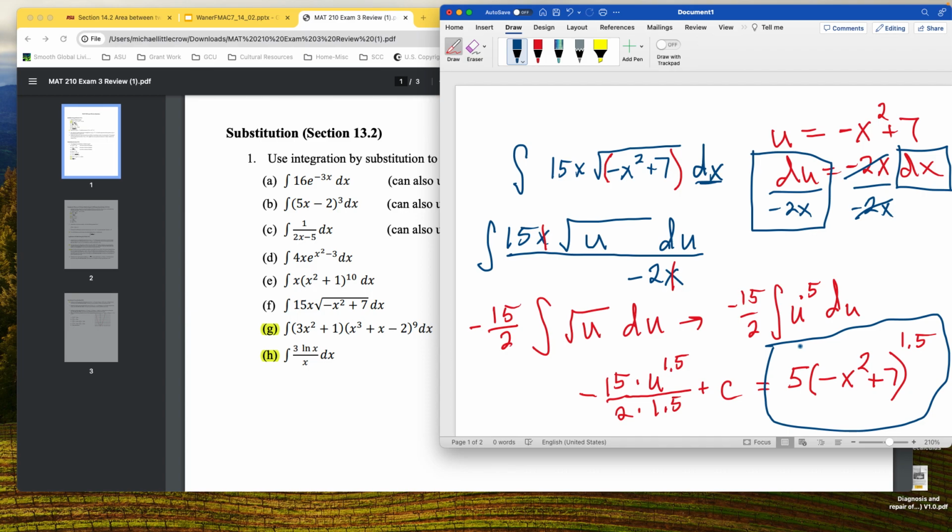So kind of get the rhythm. Sometimes we do math, listen to some music that gets you, but it's find u, take its derivative, substitute everything in, do a little algebra to simplify it. It's got to become a very simple integration. This step always has to be easy. If it's not, we messed up with the substitution part.